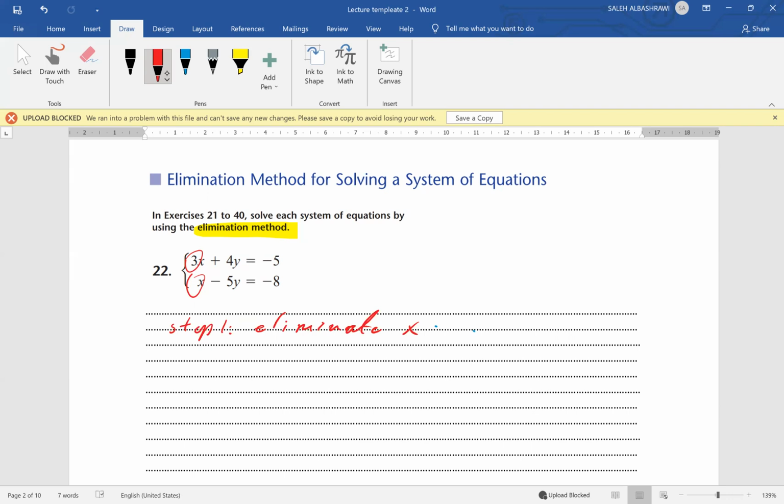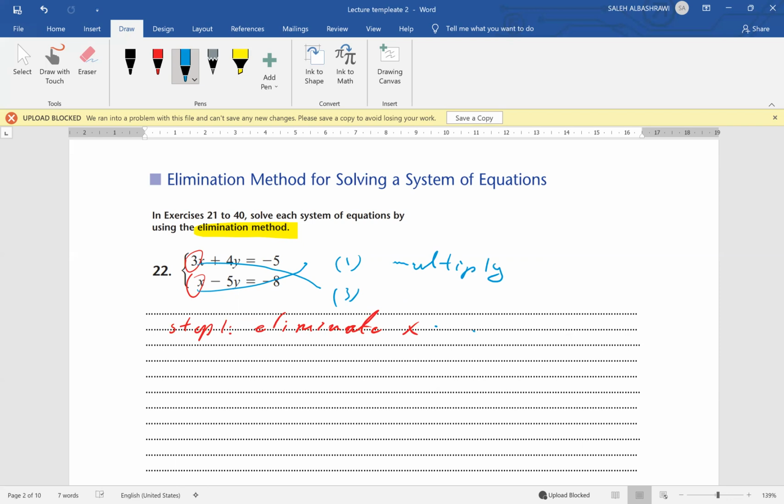So the first step, I have to make the two coefficients equal, but maybe with different signs. The coefficient of x in the second equation is 1. I will multiply the first equation by the coefficient of x in the second equation, which is 1, and multiply the second equation by 3, the coefficient in the first equation.